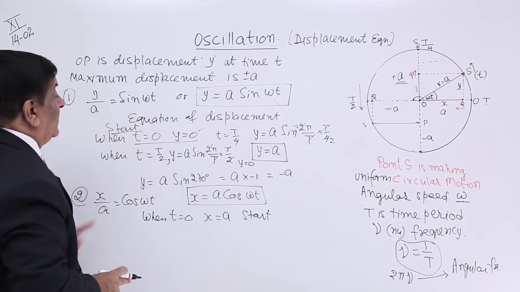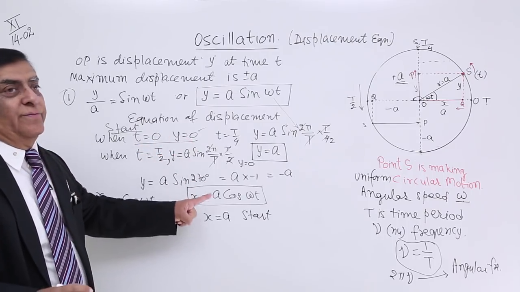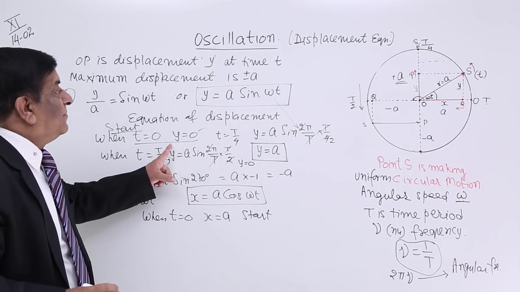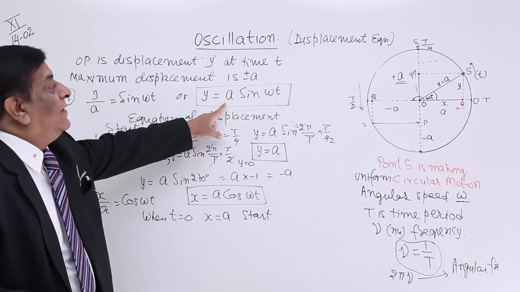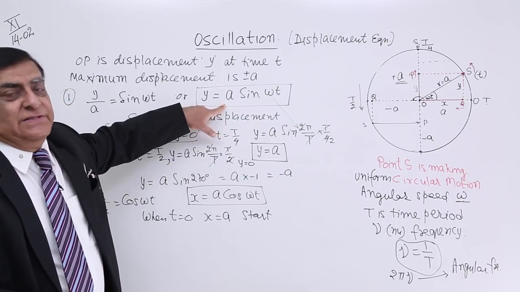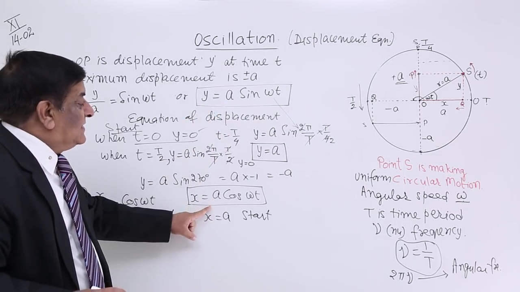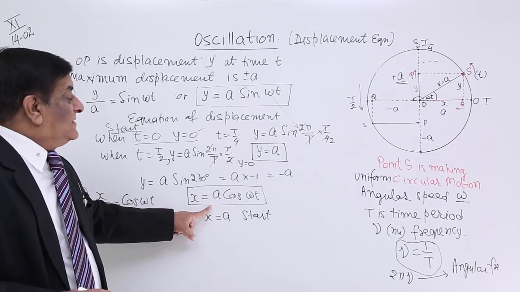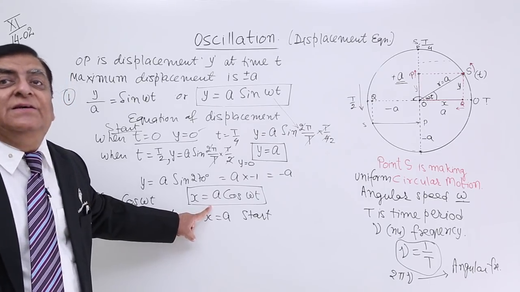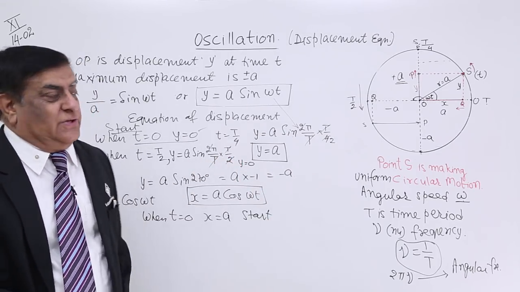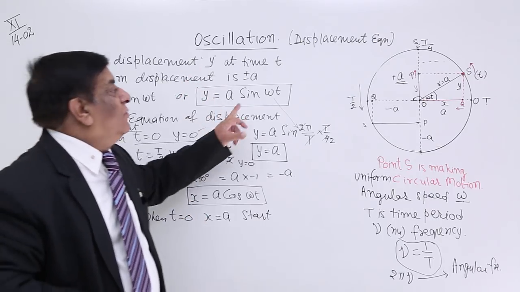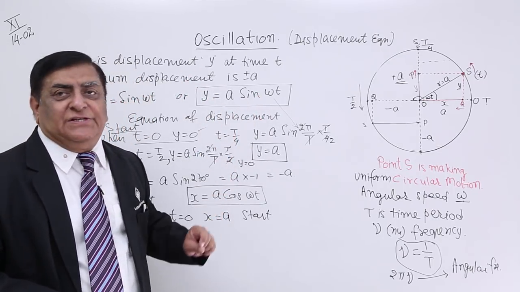This is the difference between the two simple harmonic motions. It represents a simple harmonic motion when the starting displacement is 0. This represents a simple harmonic motion when the starting displacement is full, plus a. So this is the difference between these two equations.